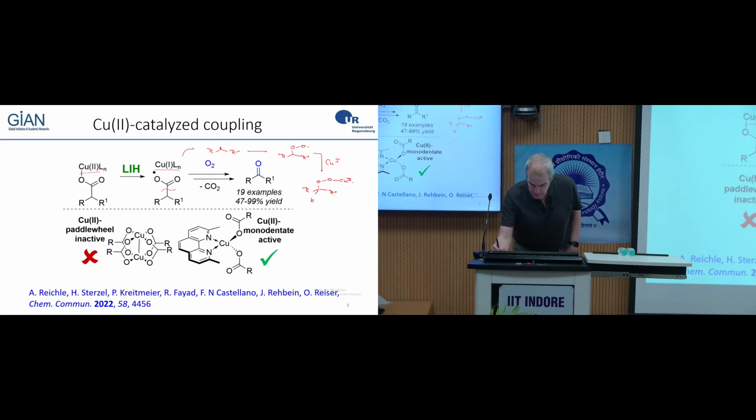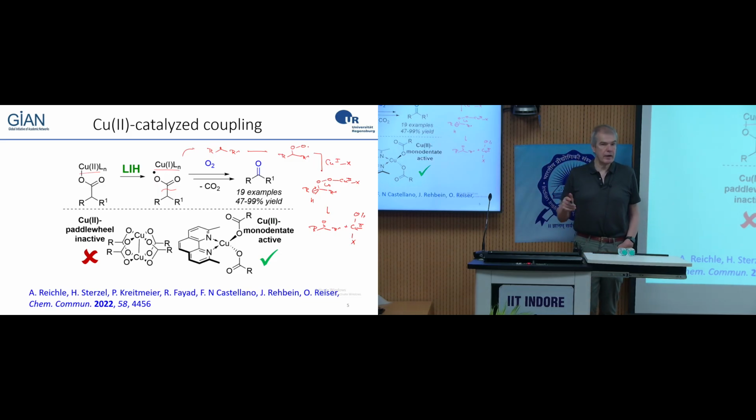Let me just put an X here so that we can more easily see what the oxidation state is. And if this is now eliminating the hydroxide, you are forming the carbonyl compound, which has lost one CO2, and you're regenerating copper 2, right? Because it has eliminated copper 2 hydroxide. So that's why I think it's okay, right? The catalytic cycle is closed, everything is fine.